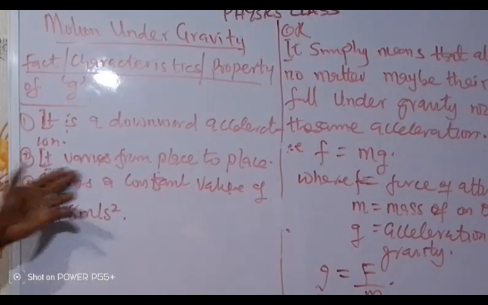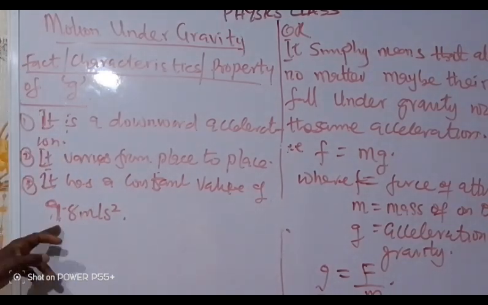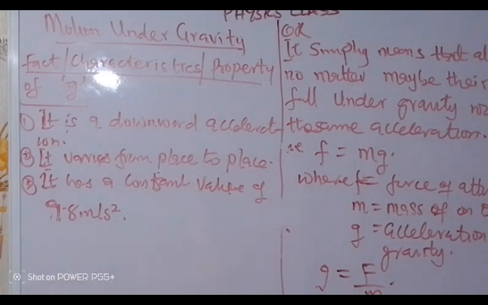Once it varies from place to place, then there must be a constant value. That is why in any calculation in physics, we take 9.8 meter per second square as the value of g as the constant value.